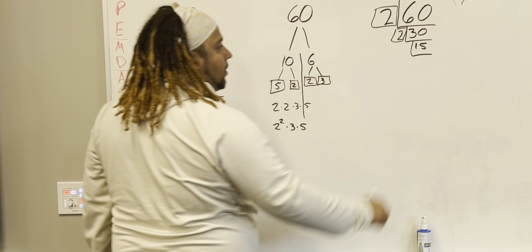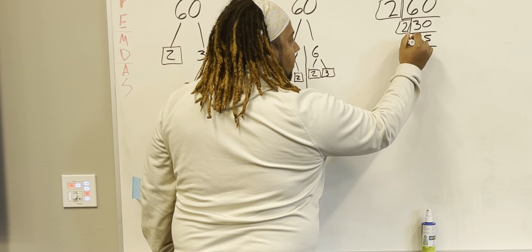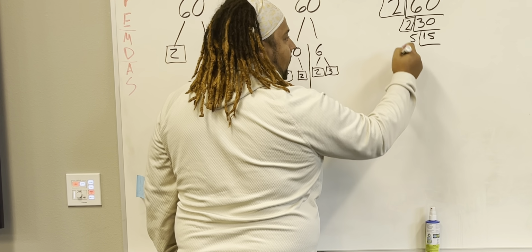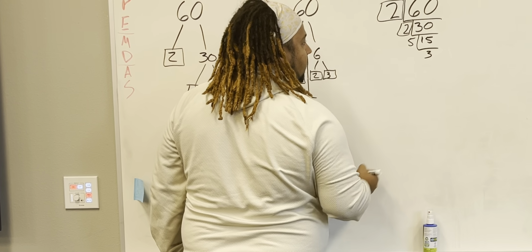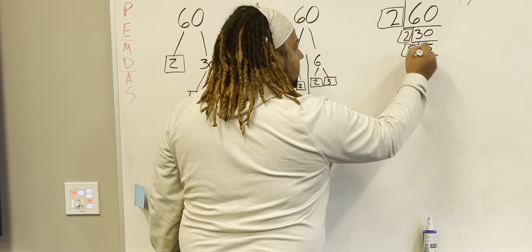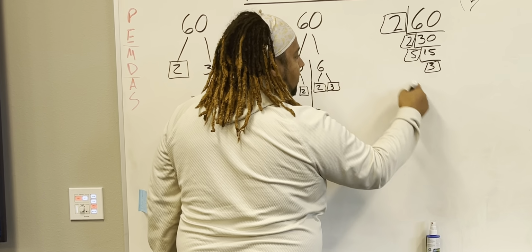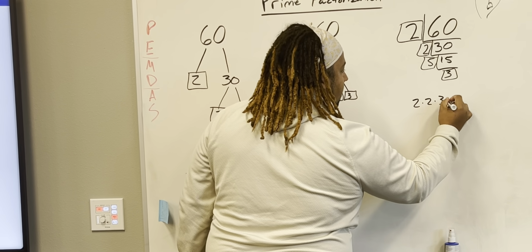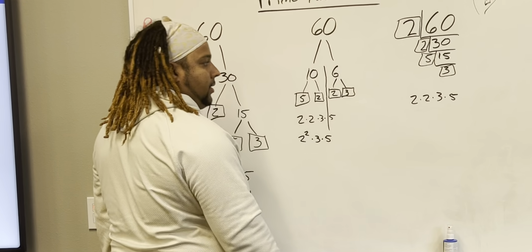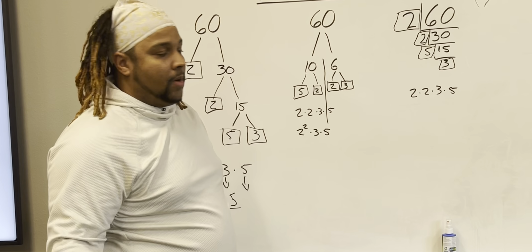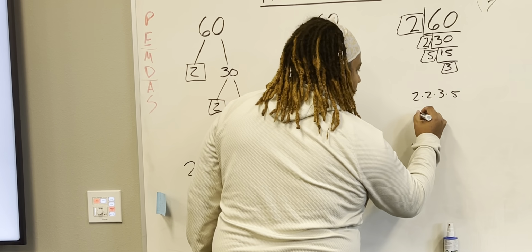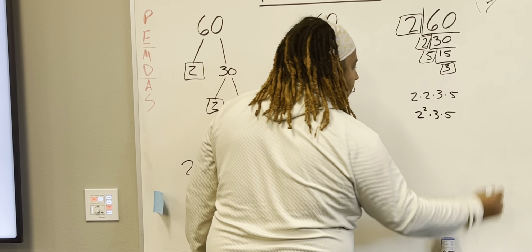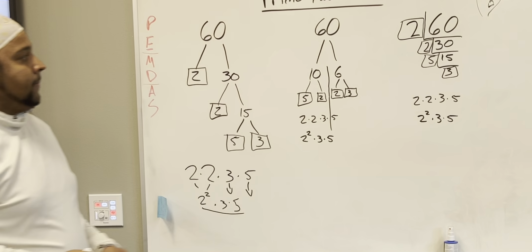Okay, it's a multiple of 5. 15 divided by 5 is 3. Okay, now I have my prime numbers again. I'm going to write my sentence in order. 2 times 2 times 3 times 5. And then to consolidate with exponents, you're going to go 2 squared times 3 times 5. So there you have it.